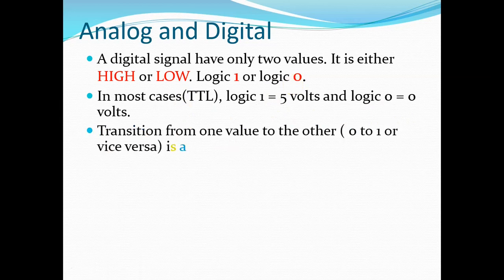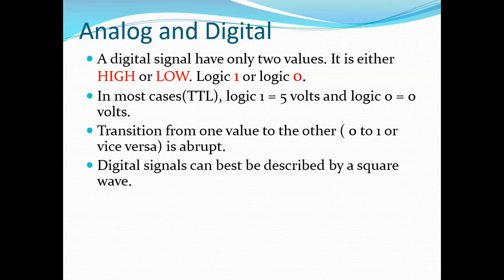The transition from high to low or low to high is abrupt, meaning it happens immediately, unlike analog signals, which have to gradually increase or gradually decrease. In digital signals, it is abrupt. It could be best represented by the square wave.